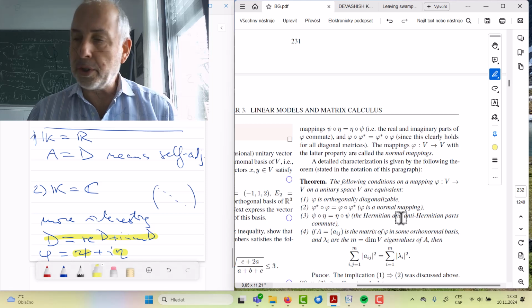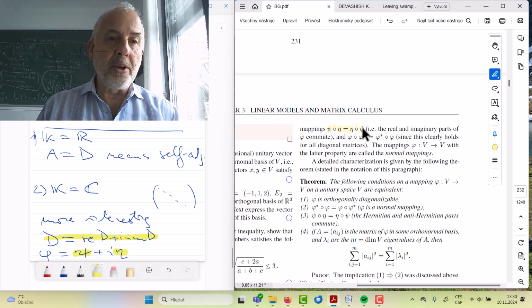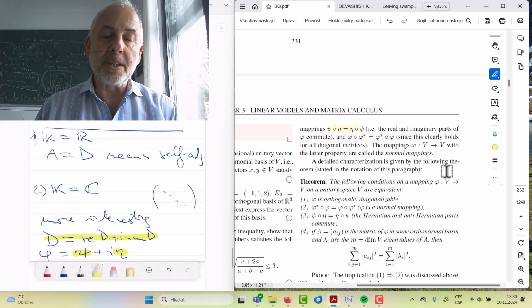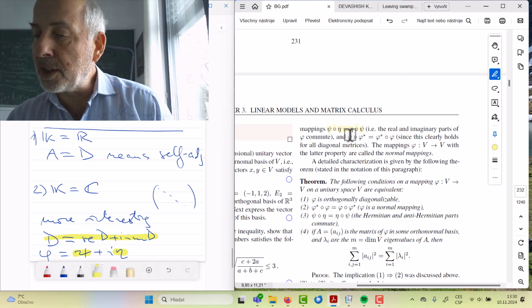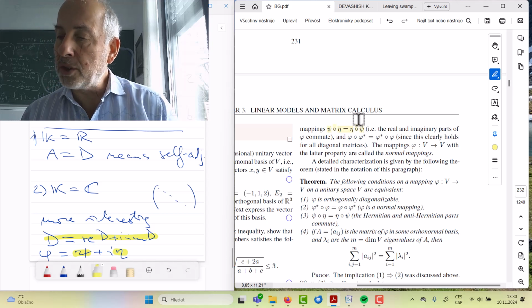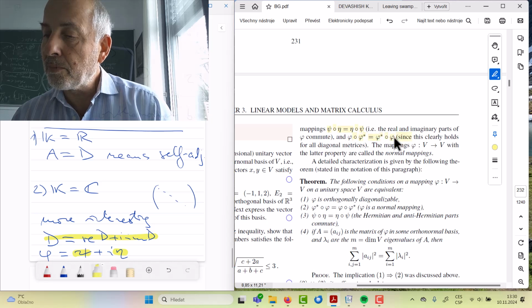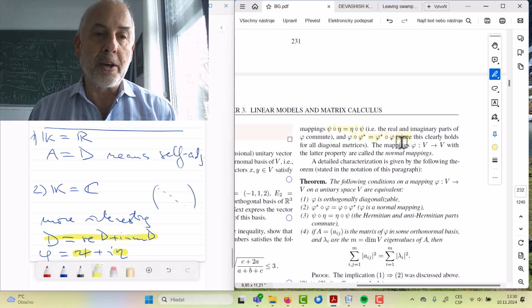So we just think already, or it intuitively seems to be obvious that that must be the clue. And so we look at what it means that these guys commute. And actually these guys commute if and only if the adjoint to phi commutes with phi.